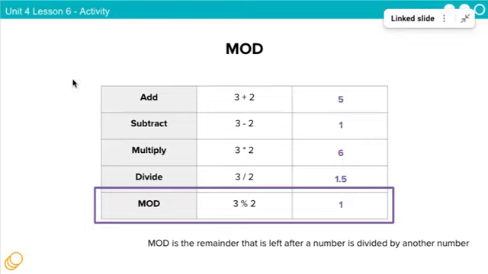All right, so when you add and subtract 3 and 2, you get 5 and 1. When you multiply 3 and 2, you get 6. When you divide 3 and 2, you get 1.5. When you use the mod operator for 3 and 2, you get 1. Mod is the remainder that is left after a number is divided by another number.